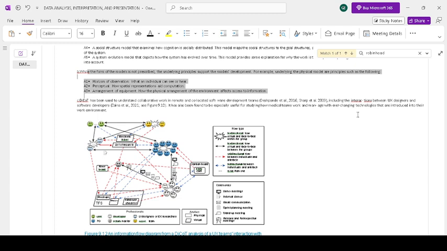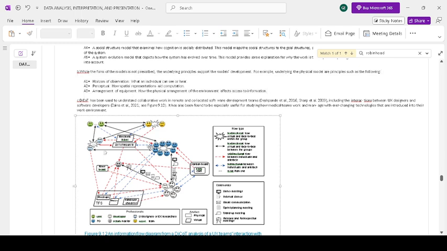For example, underlying the physical model are principles such as the following: horizon of observation, what an individual can see or hear; perceptual, how spatial representation aids computation; arrangement of equipment, how the physical arrangement of the environment affects access to information. So this is the guideline in creating this graph.